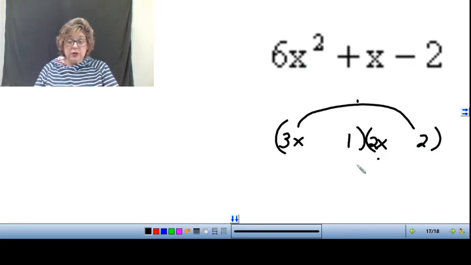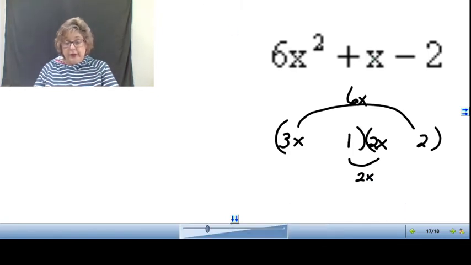I'm going to leave this 2 and 1 right here. So 3x times 2 is actually going to be 6x. 1 times 2 is 2x. Well, this is minus, so 6x minus 2x is not 1. So that's not right.